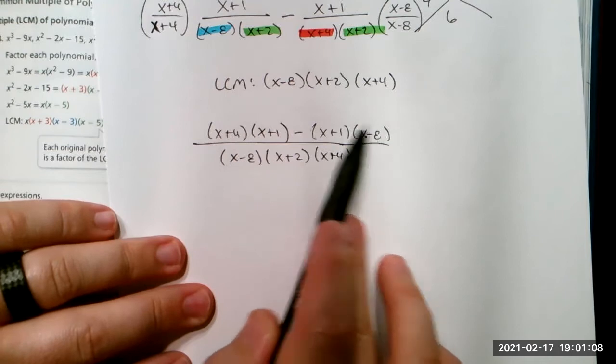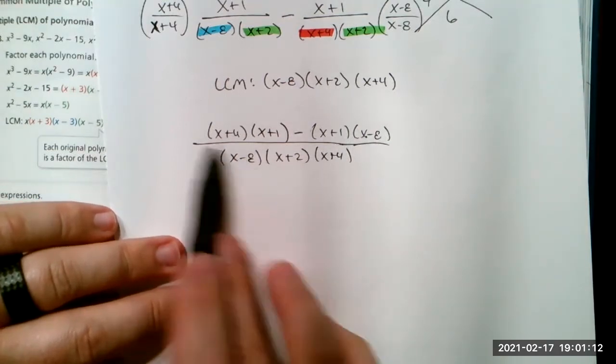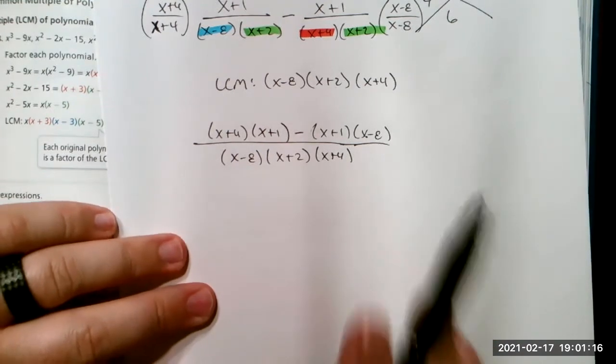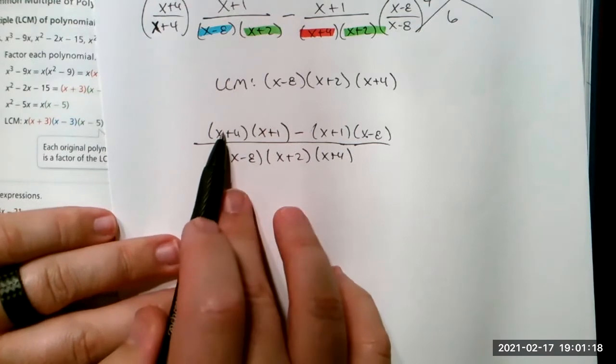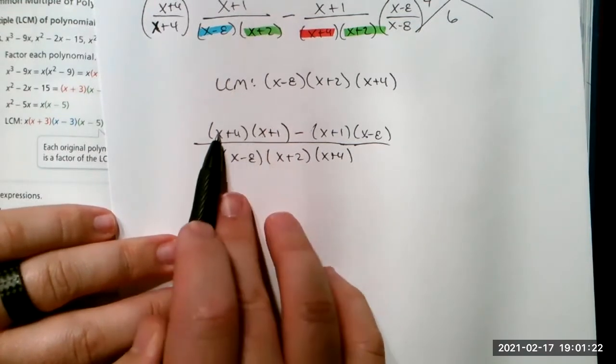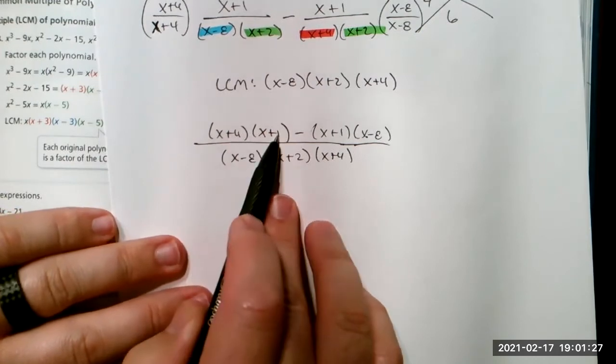So I cannot cancel out something across subtraction or addition. It's got to be straight multiplication from left to right. So what I have to do at this point is I've got to multiply. I call it FOIL. First times first, outside times outside, inside times inside, last times last.